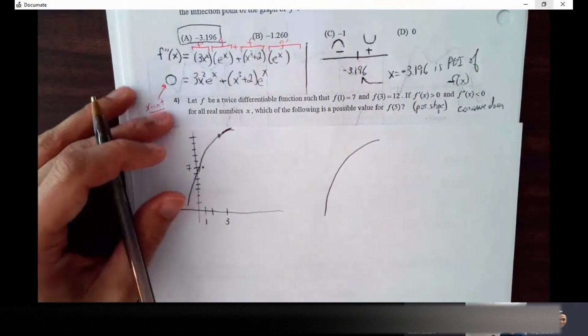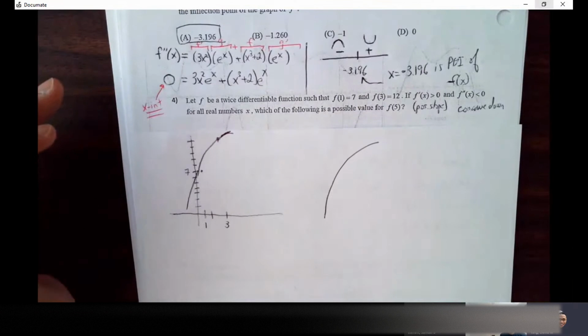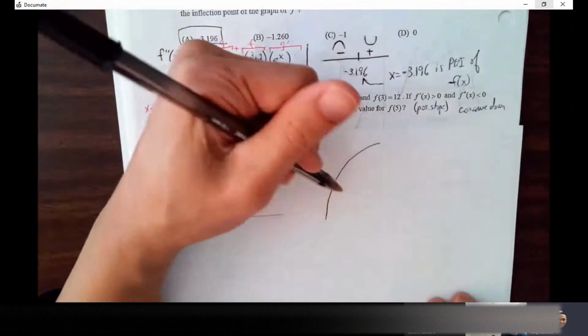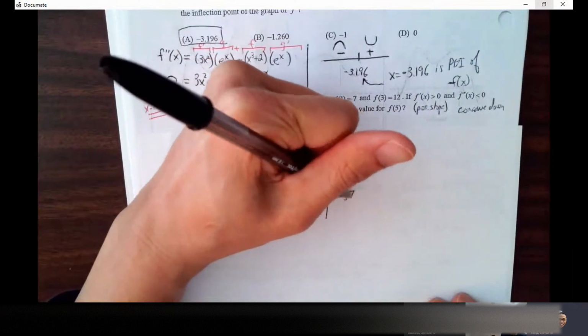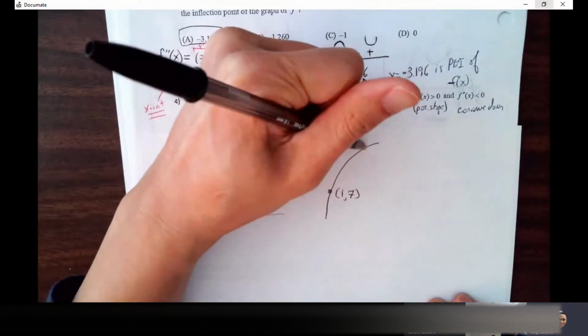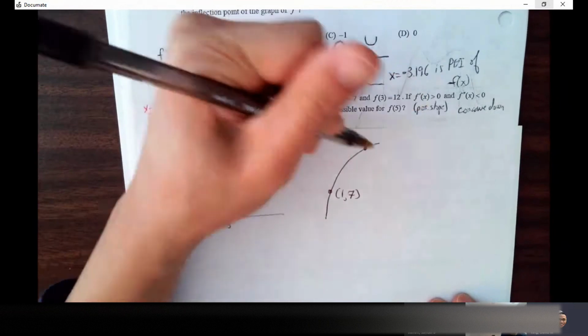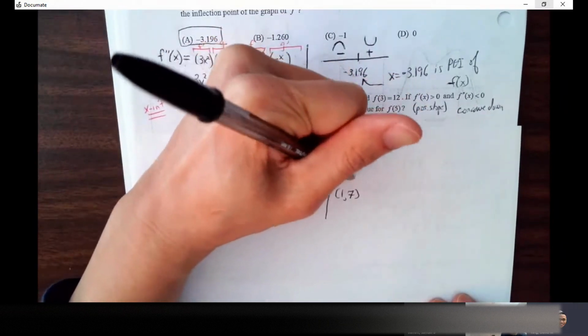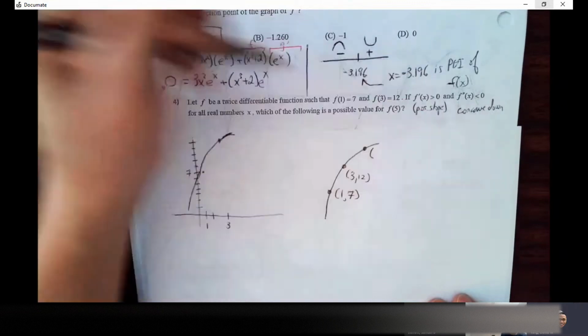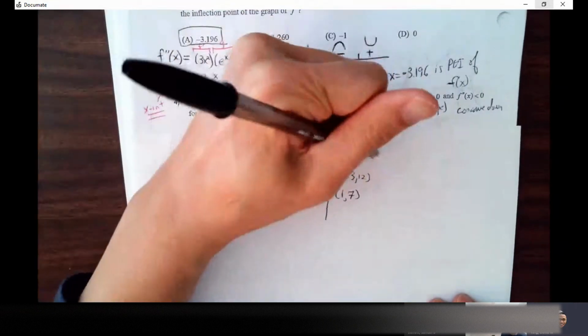Okay. So it says, which of the following could be a possible value for f of 5? So we know that f of 1 is equal to 7. We know there's an order pair of 1, 7 here, and an order pair of 3, 12. So what could be a possible value for f of 5?